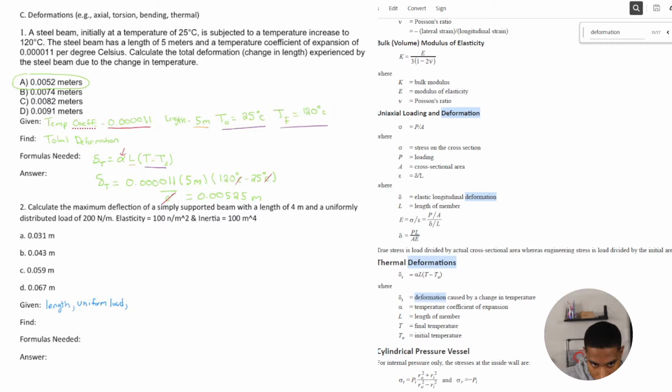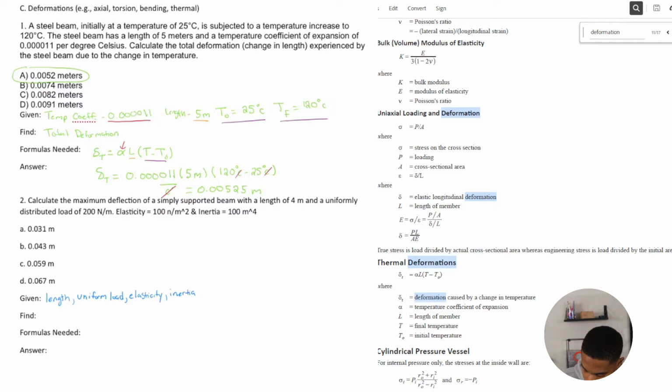We're also given the modulus of elasticity, and we are given inertia. There's one other thing: this is simply supported, so I'll just put SS, simply supported. And then we're trying to find the max deflection.